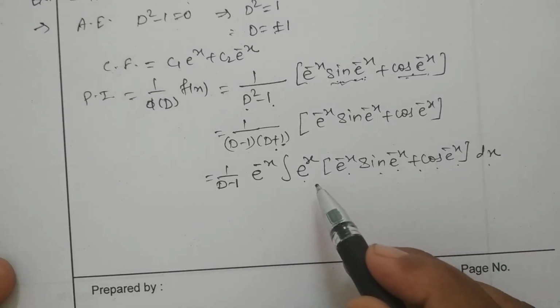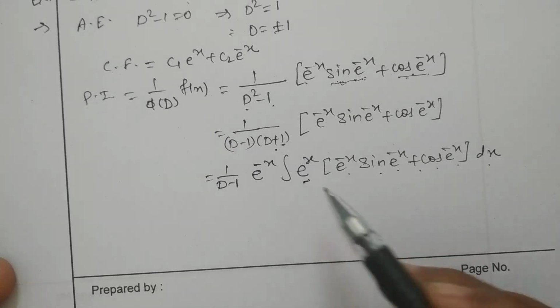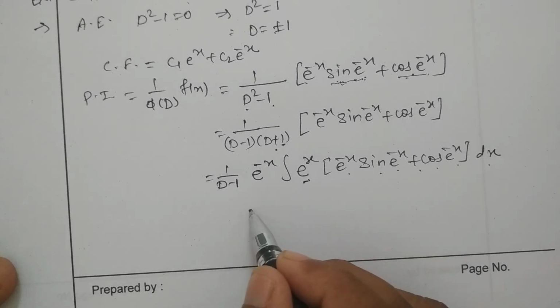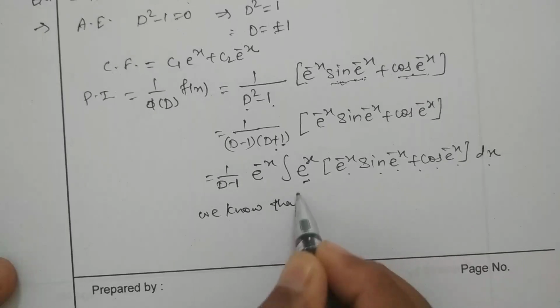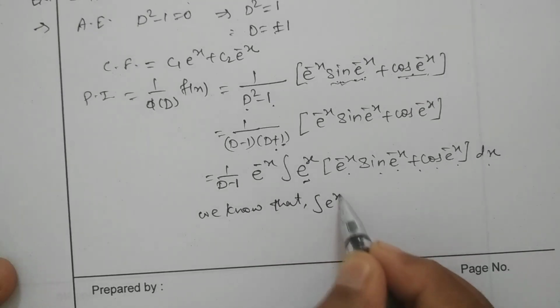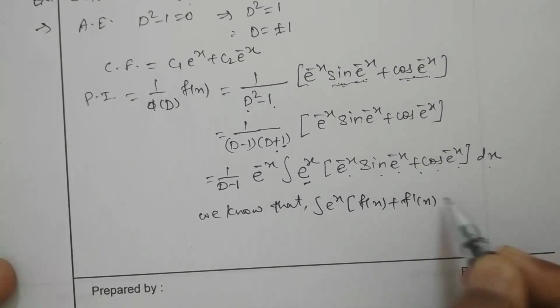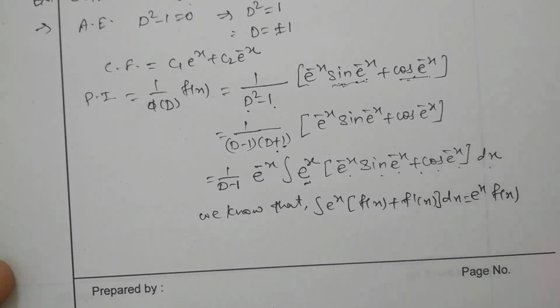Now whenever we get a term of this type, that means e raised to x inside an integration, with e raised to x outside and in bracket there are two terms, we try to use the formula. We know that the formula is integration of e raised to x into bracket f of x plus f dash of x dx is equal to e raised to x into f of x.